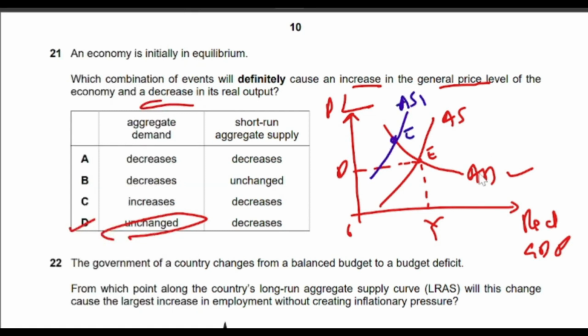New equilibrium will take place at E1 where price will rise to P1 and real output will decrease to Y1. So price has increased, real output has decreased. So this was the requirement of question, that price will rise and output will fall.